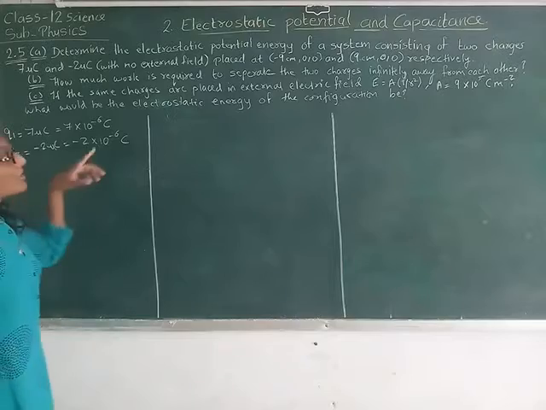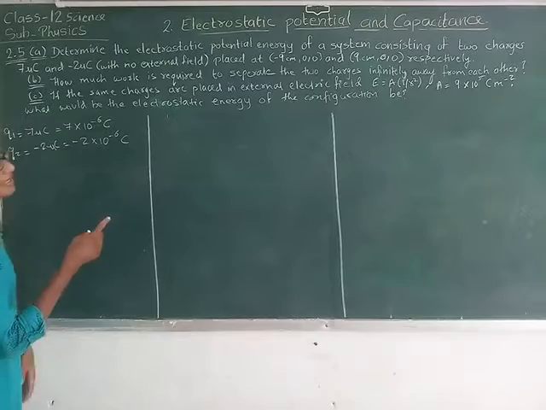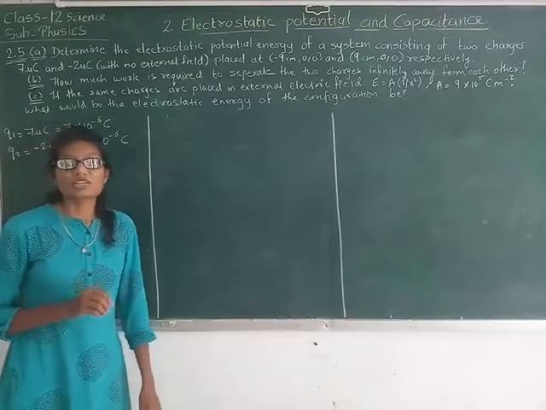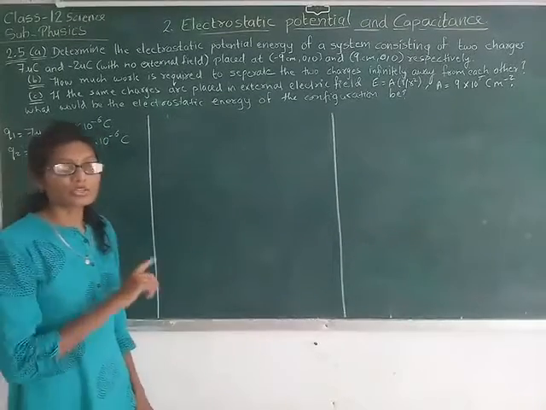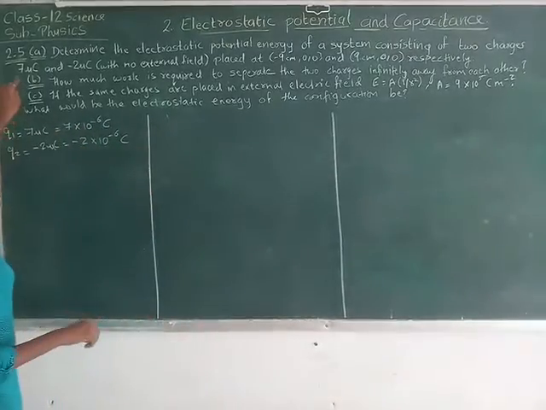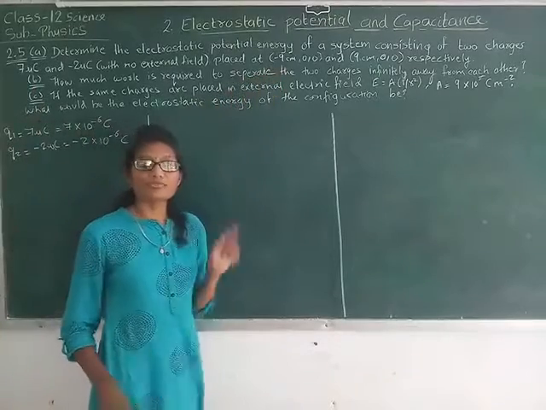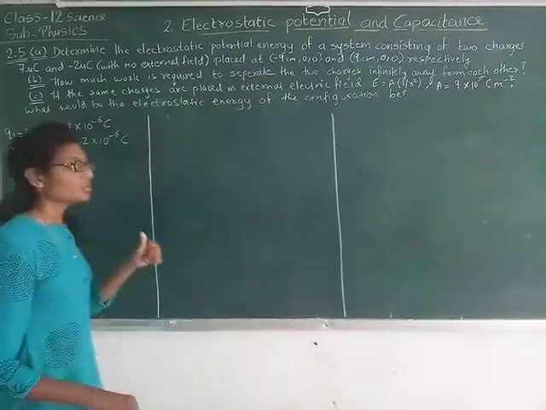You have to place these charges at minus 9 centimeter, 0, 0 and 9 centimeter, 0, 0. That means the charges are placed along the x-axis, right? And the first charge, the 7 microcoulomb, is 9 centimeter away from the origin towards the left hand side.